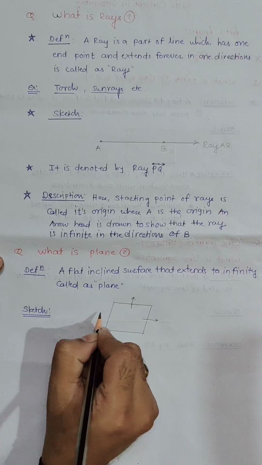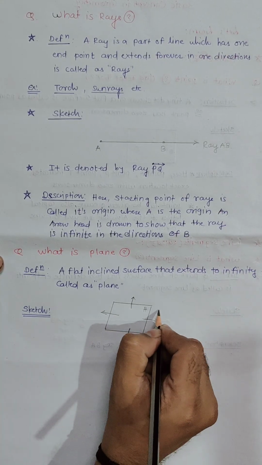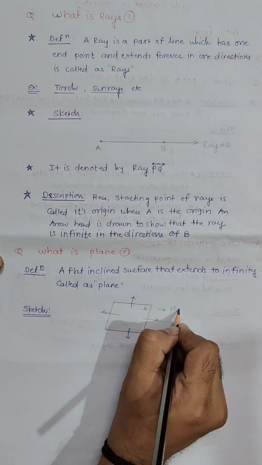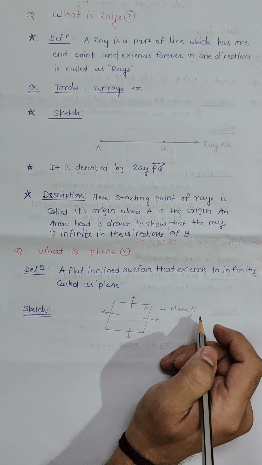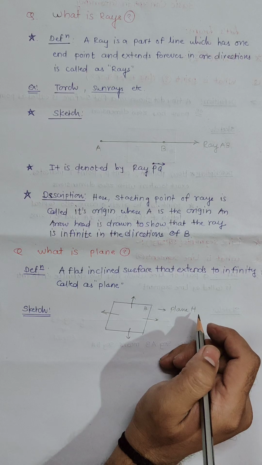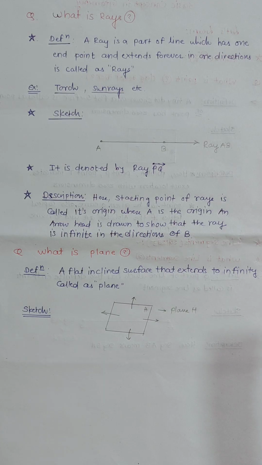This is the direction of the plane. This is plane H. Only two points come under the plane. Okay, clear?